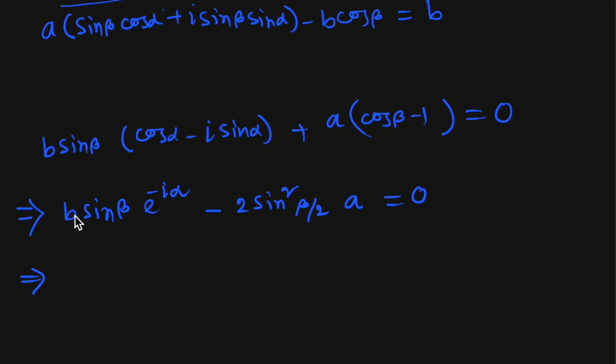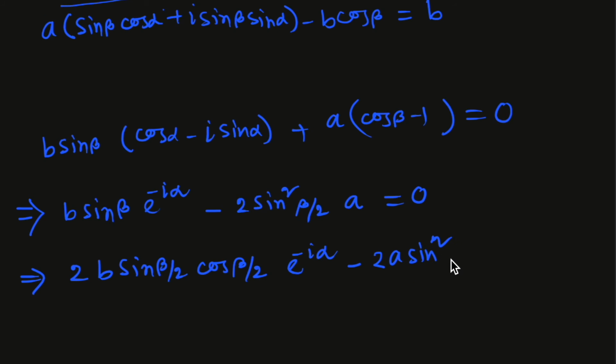That means 2 b sin beta by 2 cos beta by 2 e to the power minus i alpha minus 2a sin square beta by 2 is equal to 0.